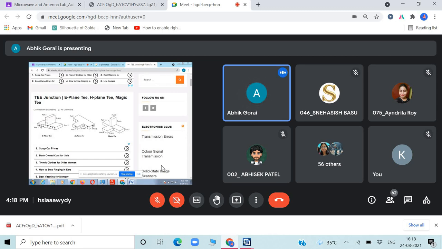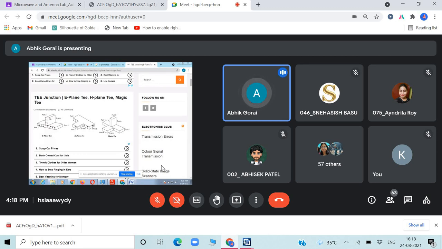So the first diagram over here shows the E-plane T. You can see that it has three ports: port 1, port 2, and port 3. This is not a complicated structure, as you have already learned about waveguides. You have done the experiments on waveguides in the previous class.